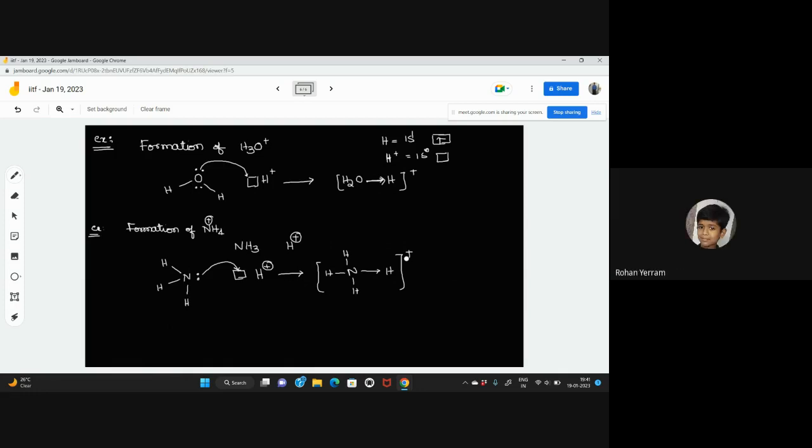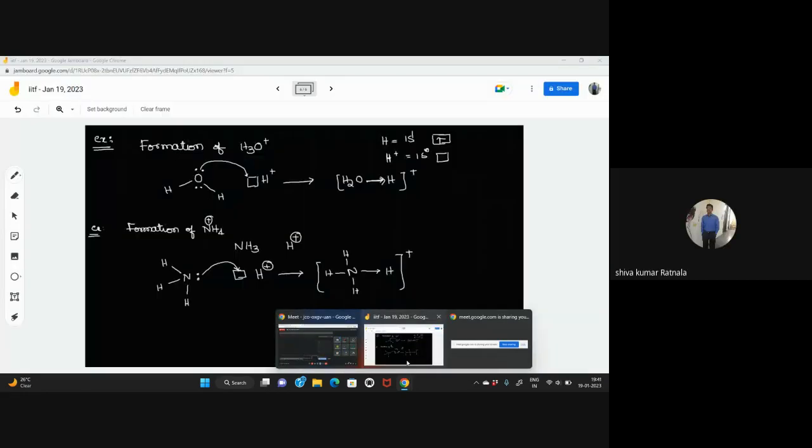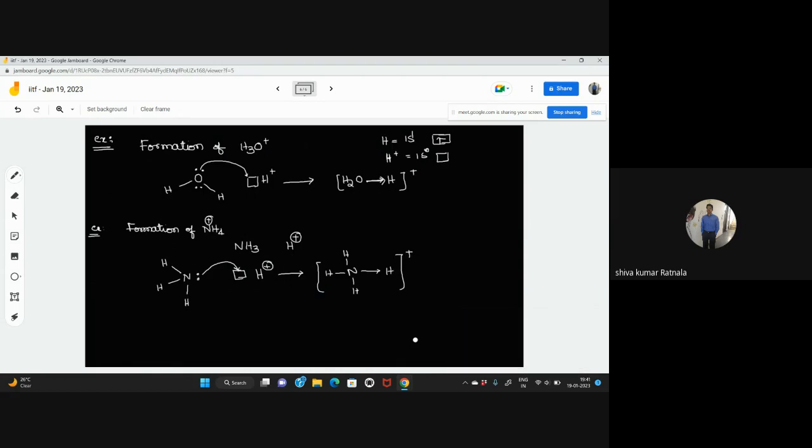Sir, can you explain the second example once again? Have you understood the first example? Yes, sir. In the same way, NH3 has a lone pair, and H plus has one vacant orbital.